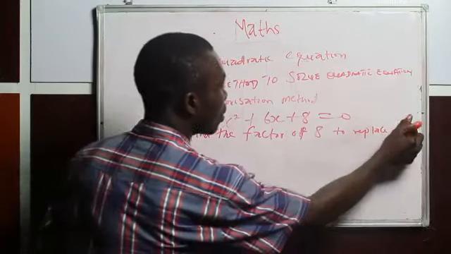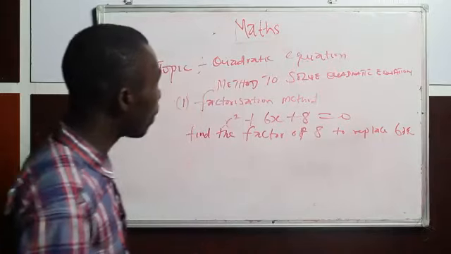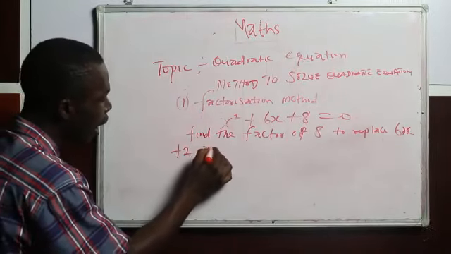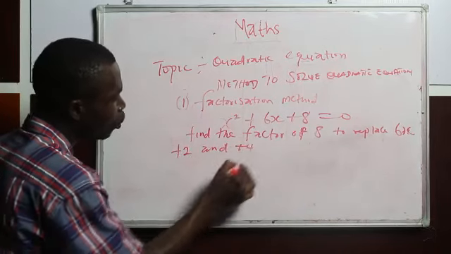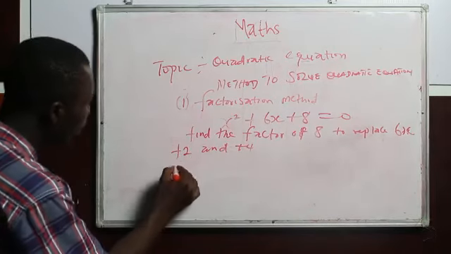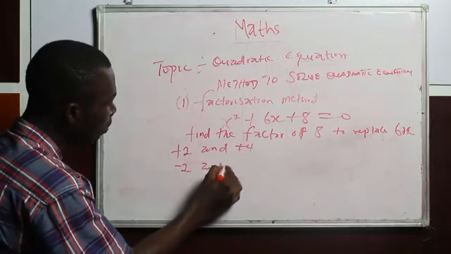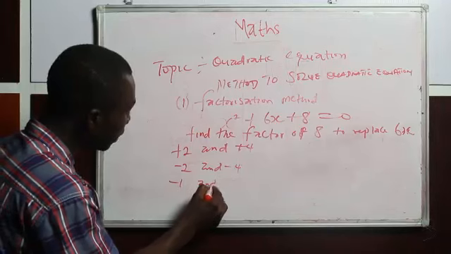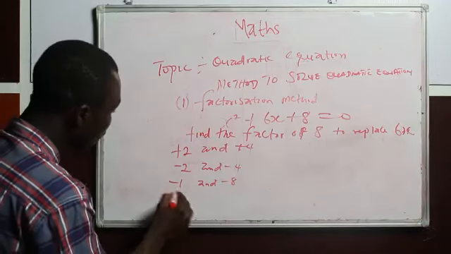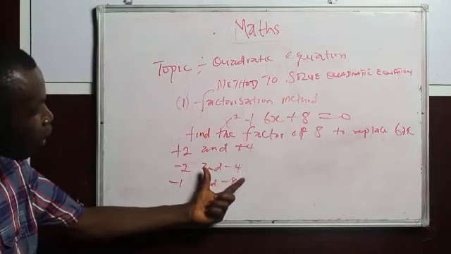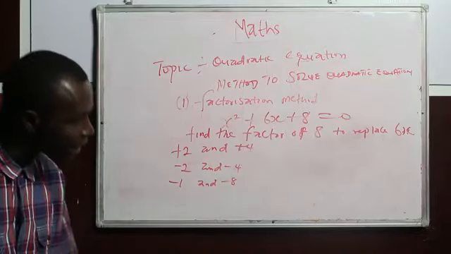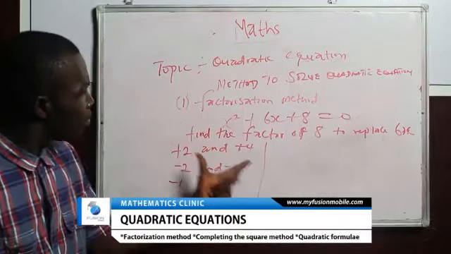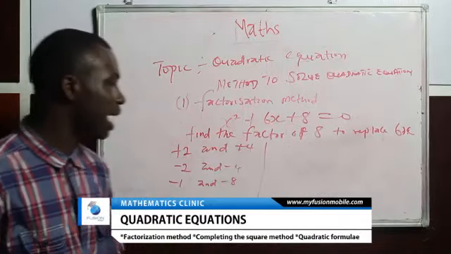What are the factors of 8 to replace 6x?